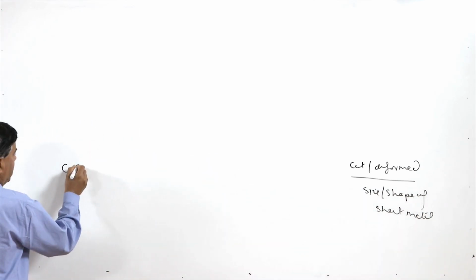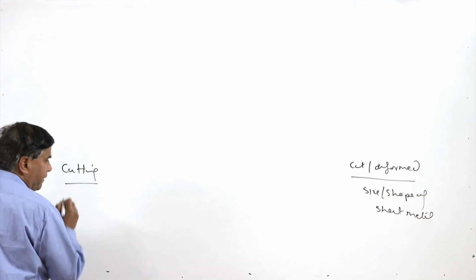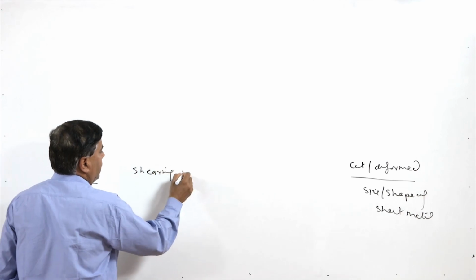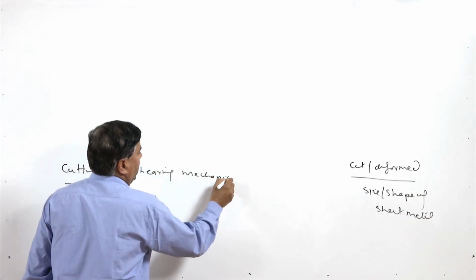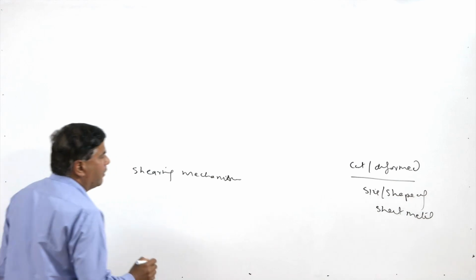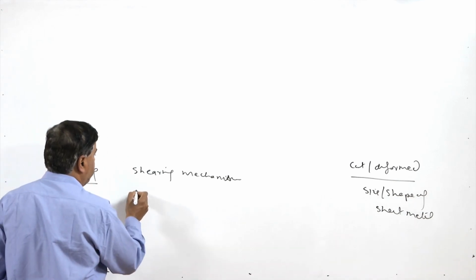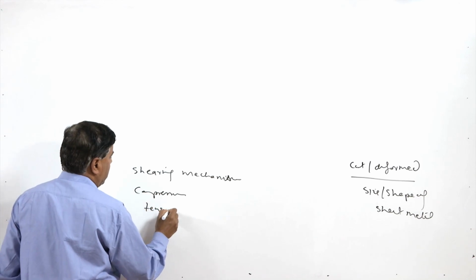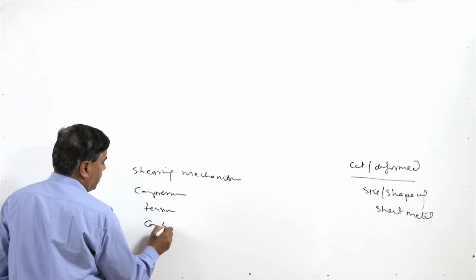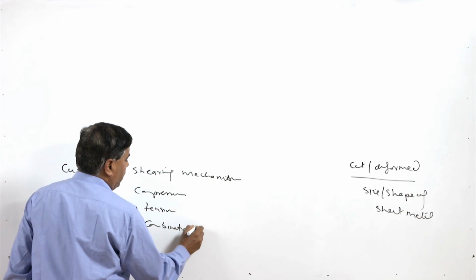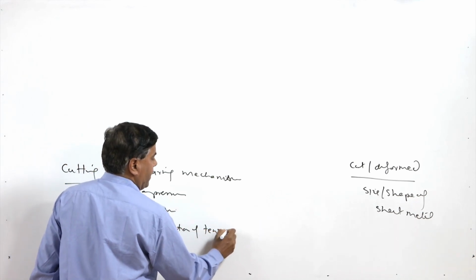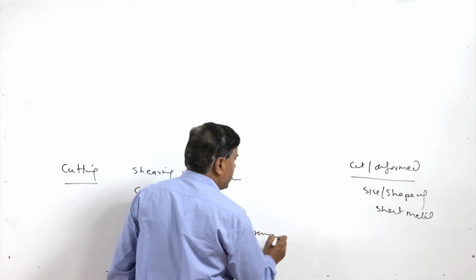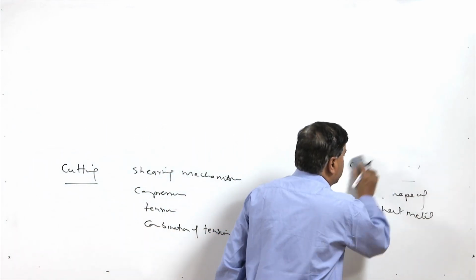The cutting in the case of sheet metal is invariably achieved through the shearing mechanism, while the deformation is achieved by the application of compression, tension, and a combination of tension and compression both.